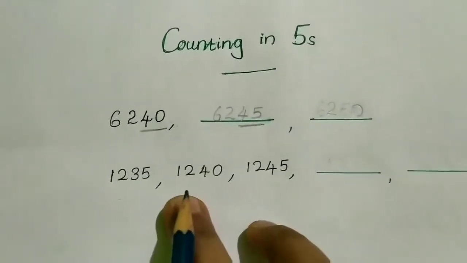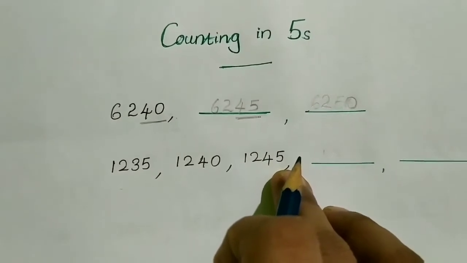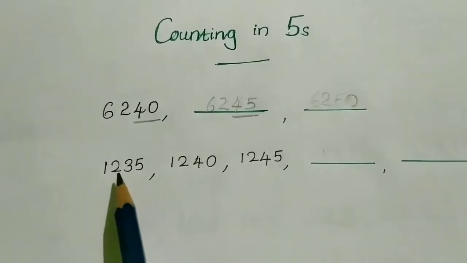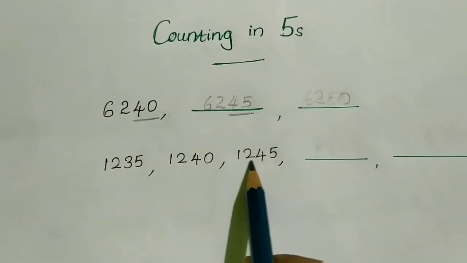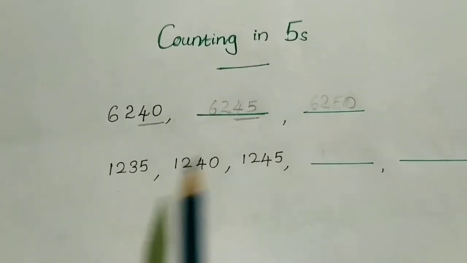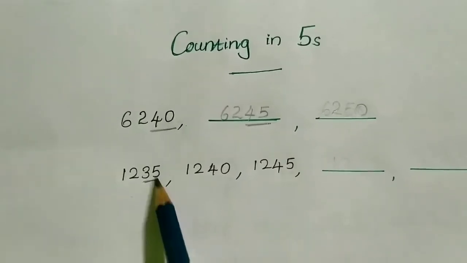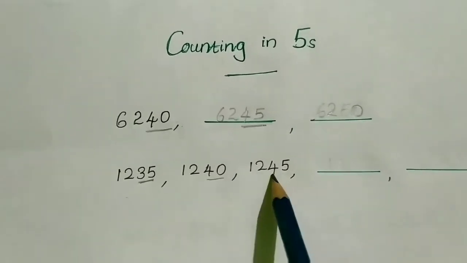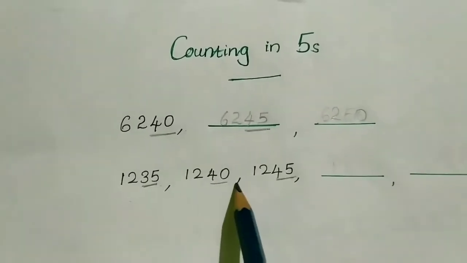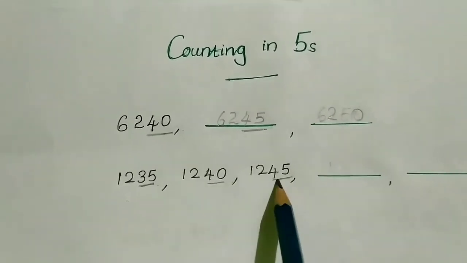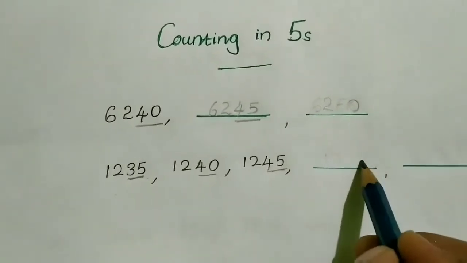Here is a problem. This one is also given in your textbook, page number 81. Here is 1235, 1240, 1245. The last two digits are 35, that is 35, here 40 and here 45. 35 plus 5, 40, 40 plus 5, 45. In the same way, find the next number.